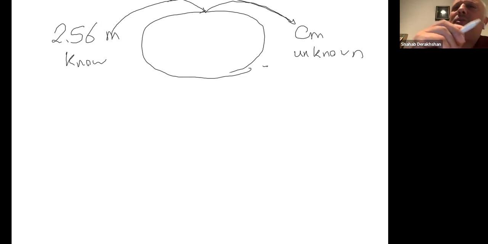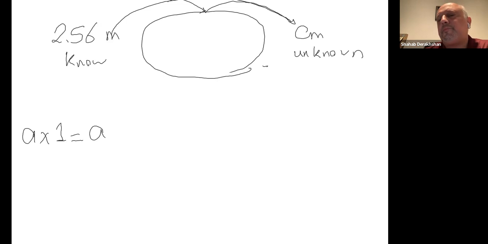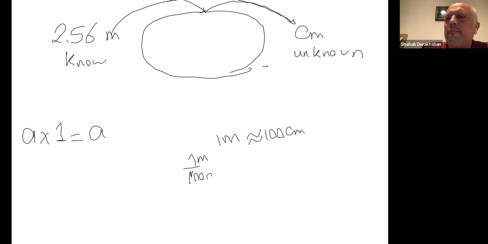What I want to remind you is that in your math classes, you all know that if you take anything and multiply it by 1, you will still get the same thing. Now I want you to think about it. When I say 1 meter is equivalent to 100 centimeter, I can definitely say 1 meter over 100 centimeter.